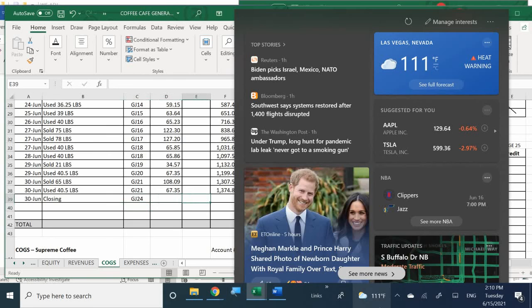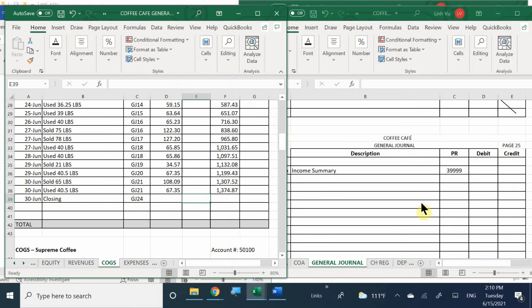And how much do I need to credit my account to bring it down to zero? 1374.87.